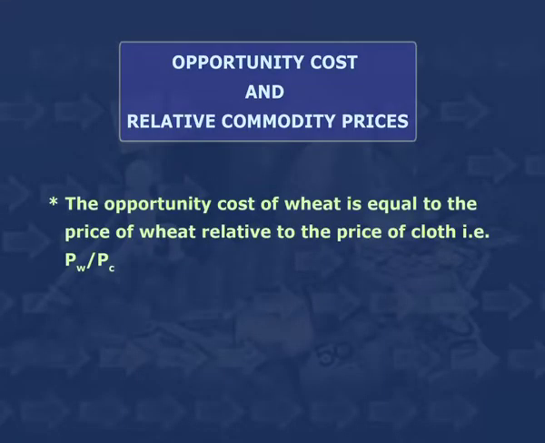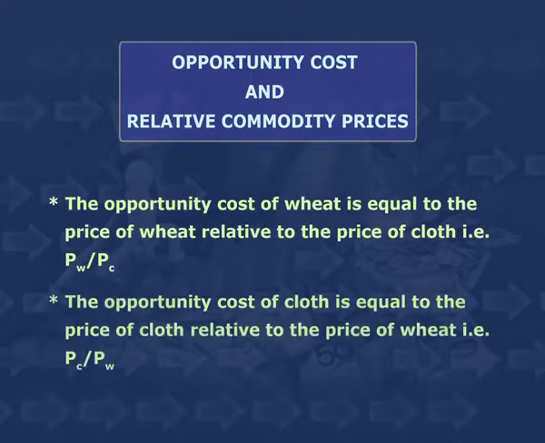The opportunity cost of wheat is equal to the price of wheat relative to the price of cloth, that is, PW divided by PC. Similarly, the opportunity cost of cloth is equal to the price of cloth relative to the price of wheat, that is, PC divided by PW.